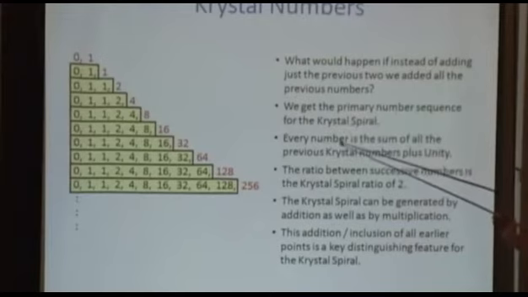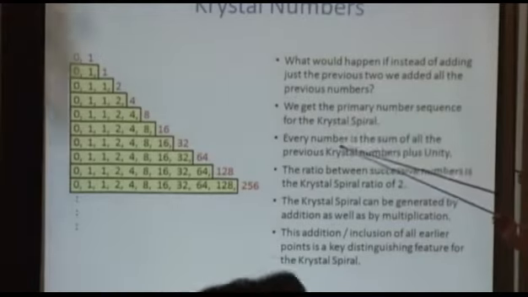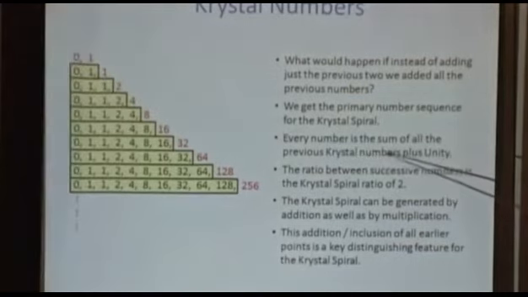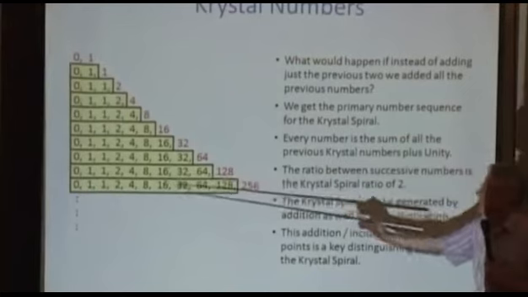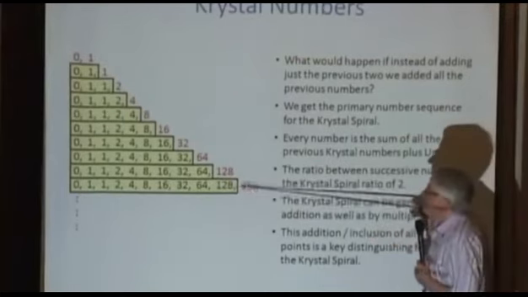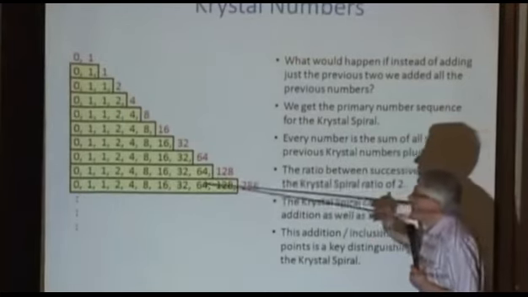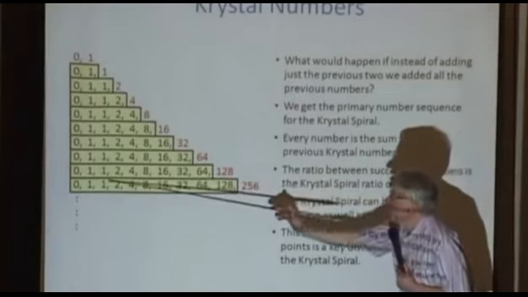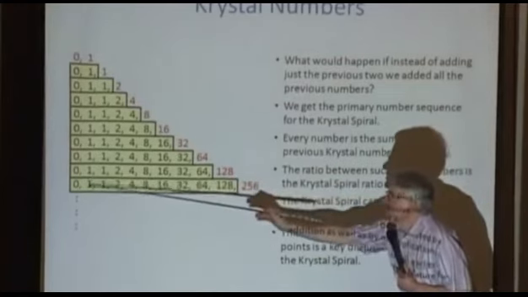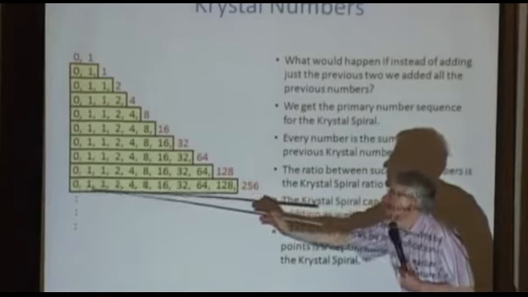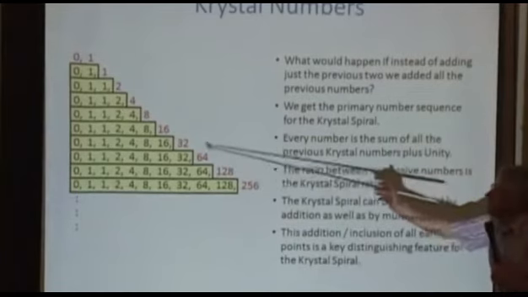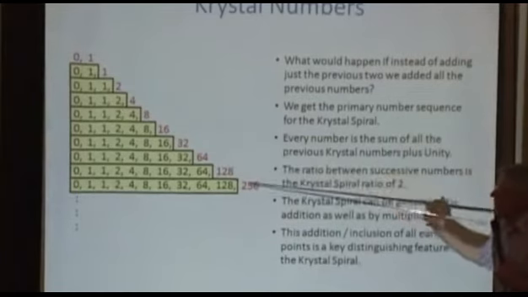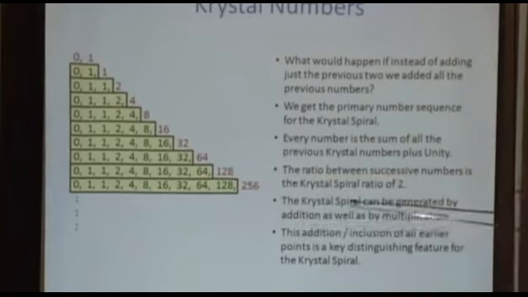So within the crystal number sequence, every number is the sum of all of the previous numbers plus 1. Every number is the sum of all of the previous numbers in the crystal sequence plus 1, plus unity. And furthermore, the ratio between each of the numbers is 2. So they're all expanding by this crystal spiral ratio of 2.